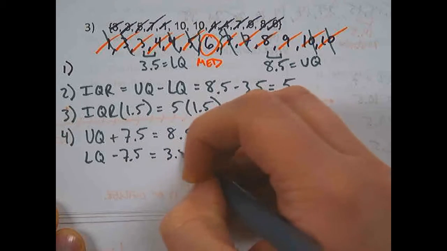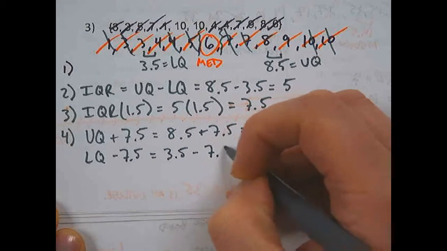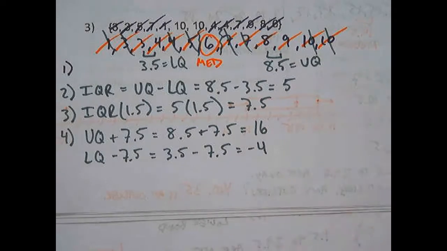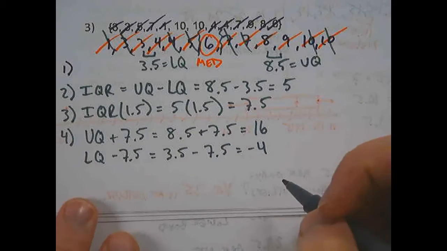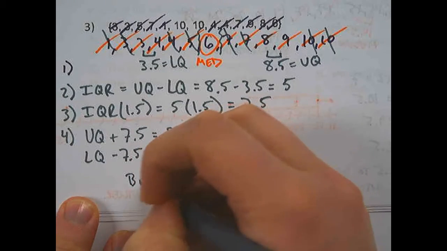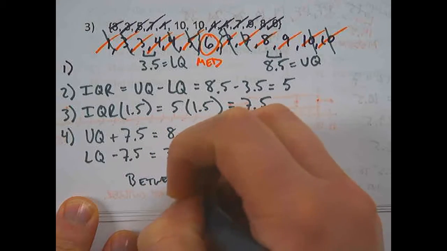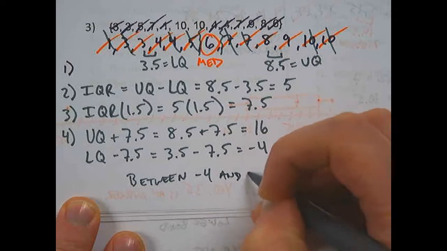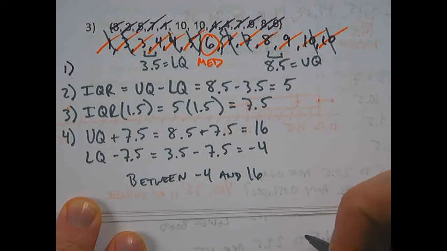So 3.5 minus 7.5, and we get -4 for that one. So basically what this tells us is that any number between -4 and 16 are okay.